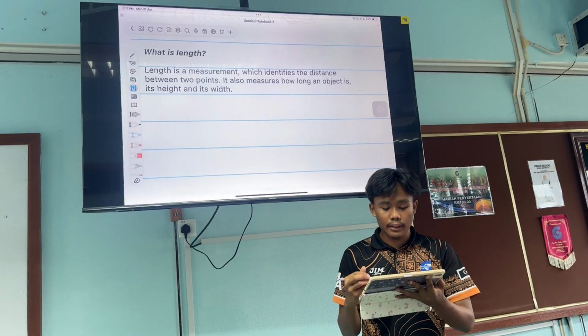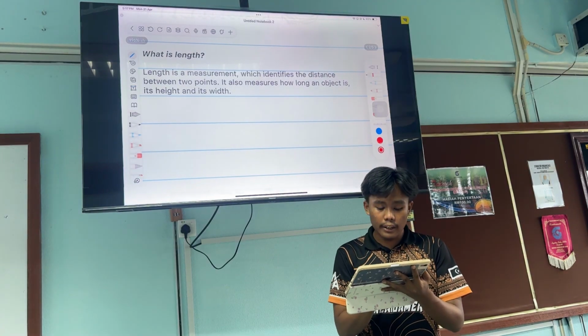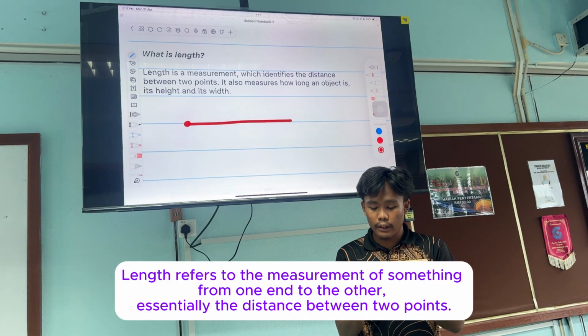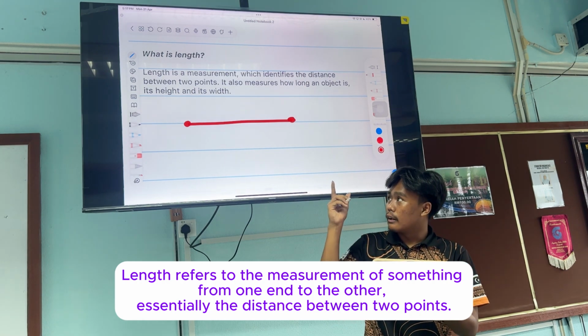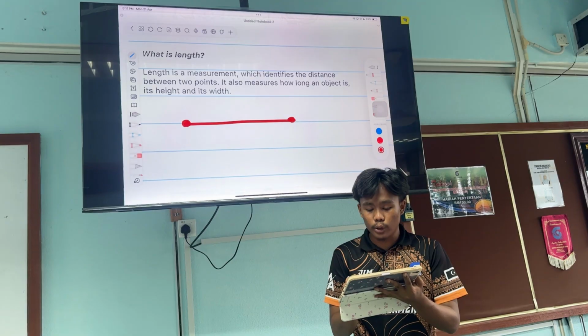So basically, length is the thing that we can identify as the 2 points that will make one line, as you can see, from one point to another point.